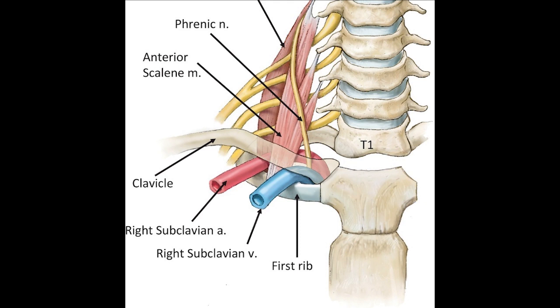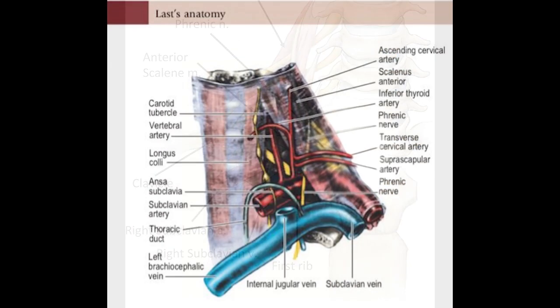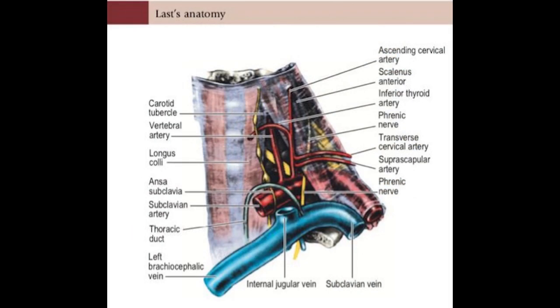The phrenic nerve runs vertically downwards in an oblique manner and it's plastered by the prevertebral fascia. You can see here the nerve is under the fascia, and also the pad of fat in front of that.